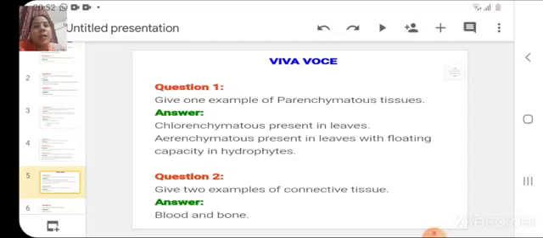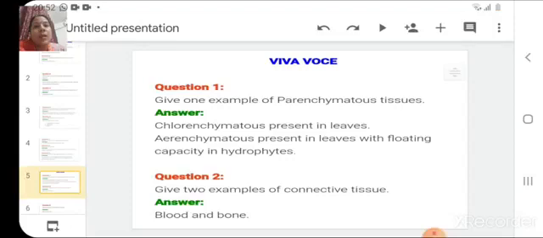There are three main types of simple permanent tissues in plant. These are parenchyma tissues, collenchyma tissues and sclerenchyma tissues. Name the complex permanent tissues of plant. This question is also very easy. The complex permanent tissues of the plant are xylem and phloem.